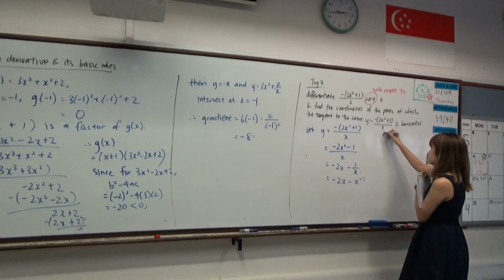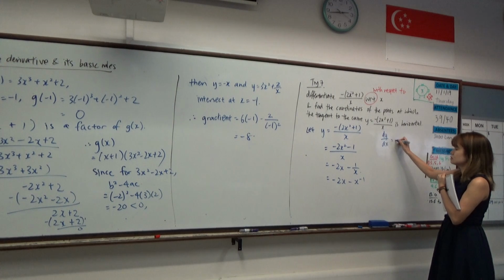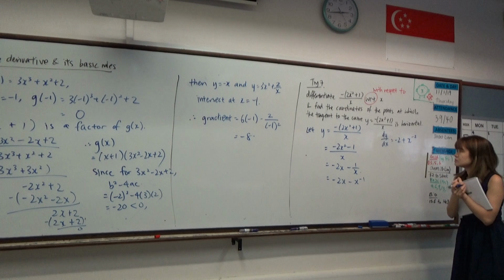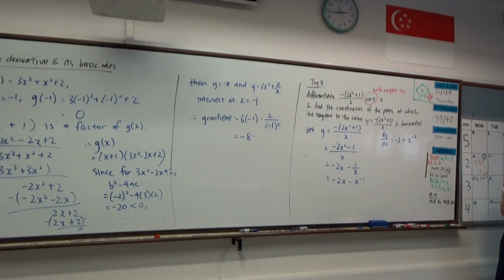Then we differentiate it, and we will get negative 2 plus x to the power negative 2. So we have done the first part of the question, which is to differentiate it.